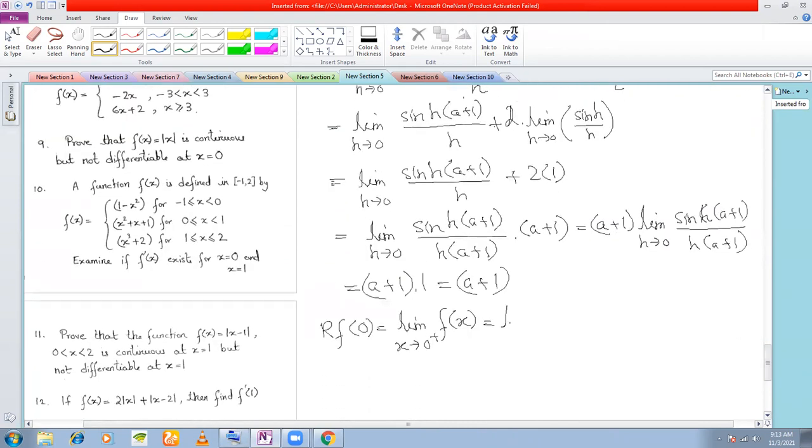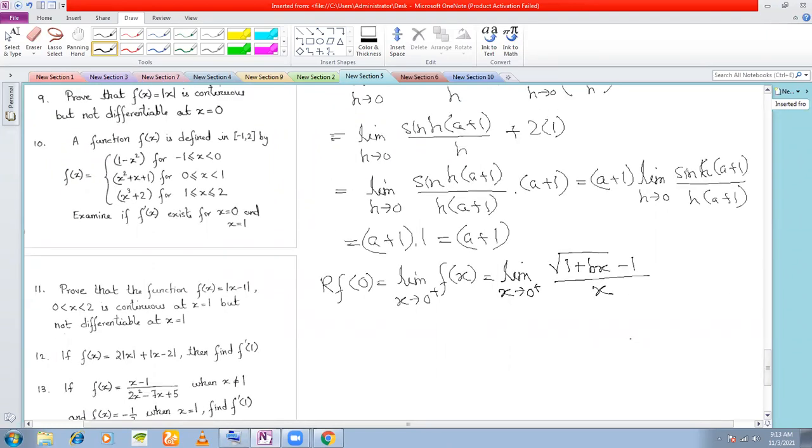We write this as limit x tends to 0 plus root(1 plus bx) minus 1 divided by x. Now, to evaluate this limit, you can put x minus 0 is equal to h, but that is nothing but changing from x to h, so you can work with x tends to 0 plus only.